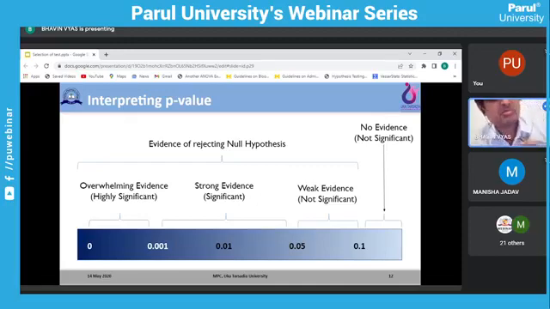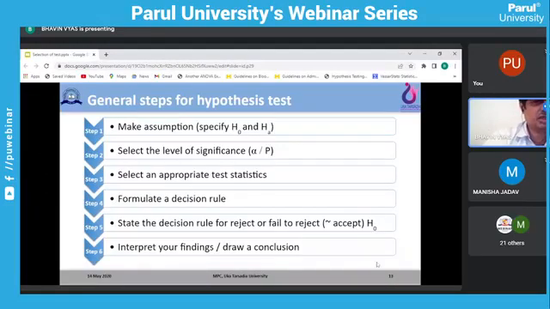Generally, in the medical field, p-value is considered significant if it is less than 0.05. So if your p-value is less than 0.05, then you say you have a significant amount of evidence that there is a difference between the variables you have. That is nothing but known as significance or p-value.